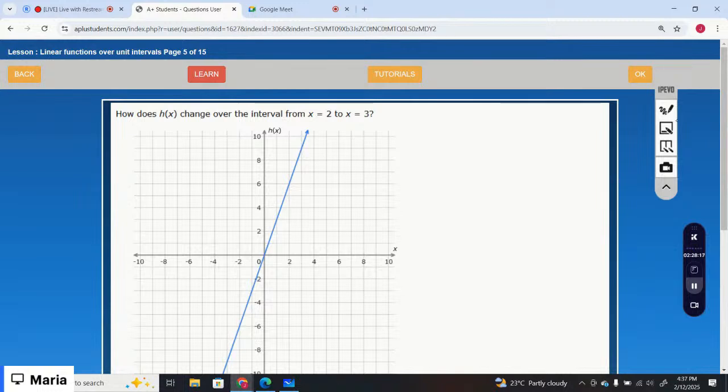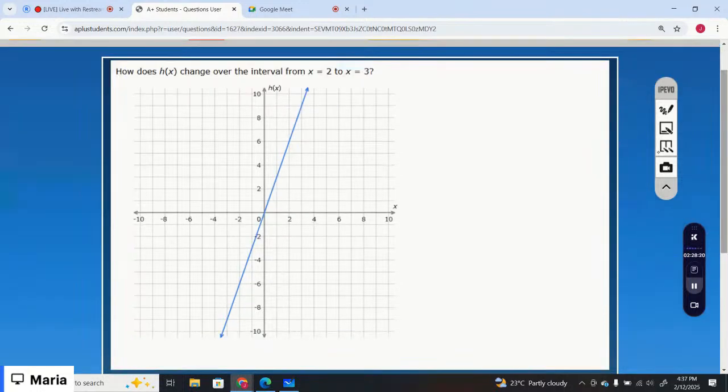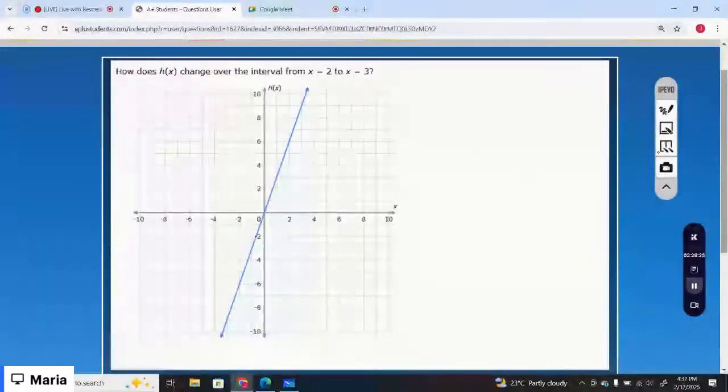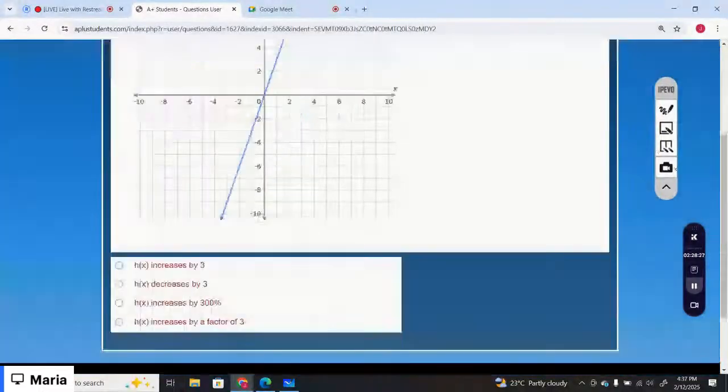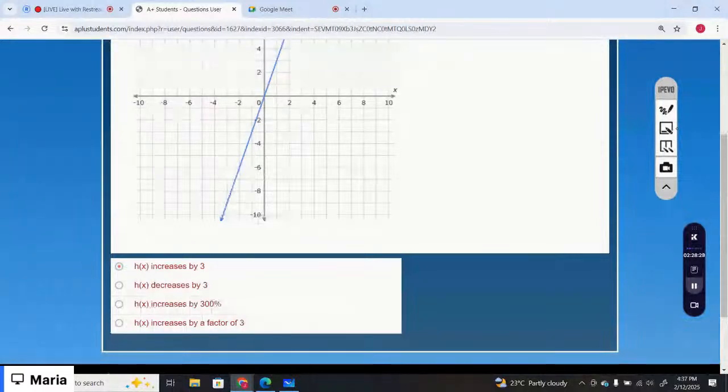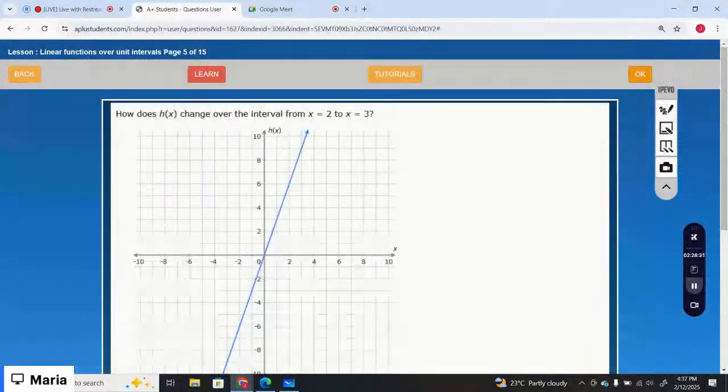How does h of x change over the interval of x equals 2 to x equals 3? That is increases by 3. Option number 1 is the correct option.